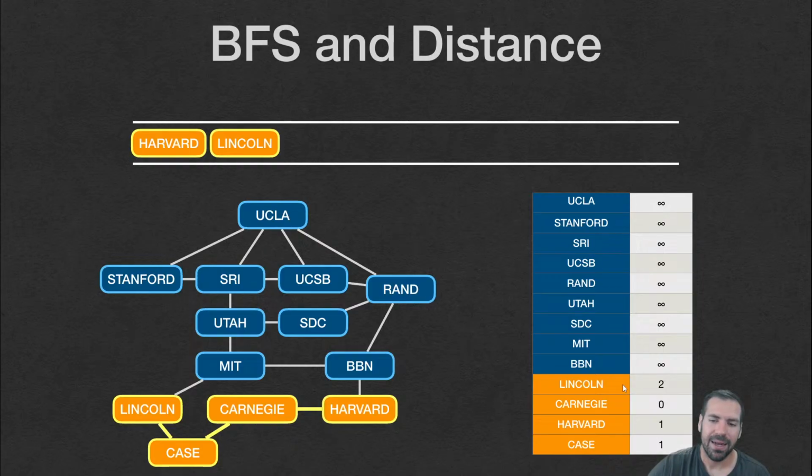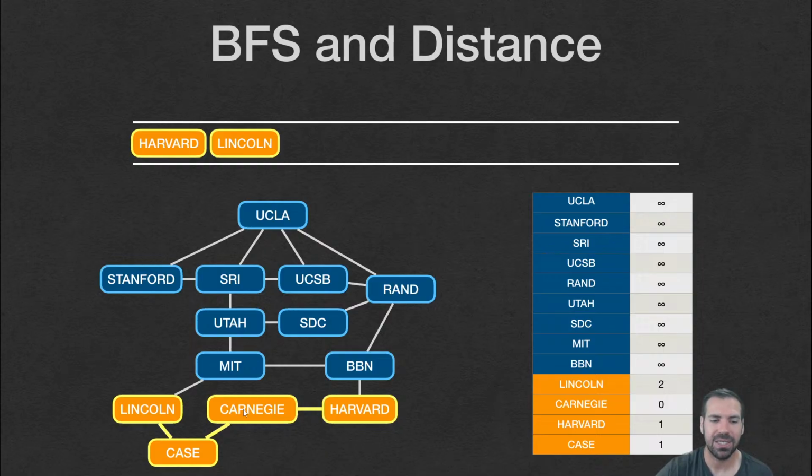Because once we add a node to this data structure, like once we add Lincoln, Lincoln's distance is 2. We can verify that visually. This distance is 2. But that's what breadth first search is going to guarantee: once we add a node to this data structure, we are adding its actual distance. That is a shortest path.